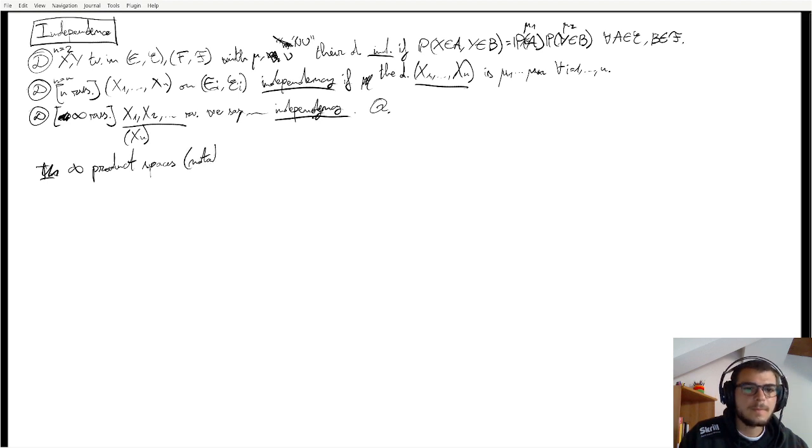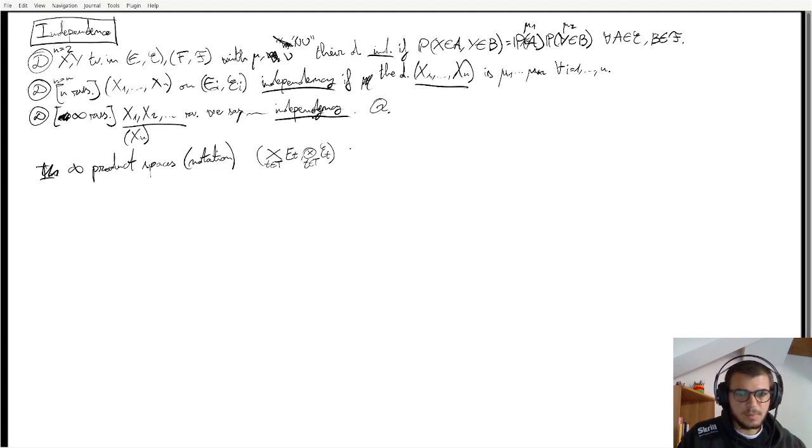Okay, the notation that we use to define a product space, and I will try to explain what a product space is: we have this big cross over t in capital T of the sets, and the product sigma algebra of the sigma algebras, which we denote in this way.